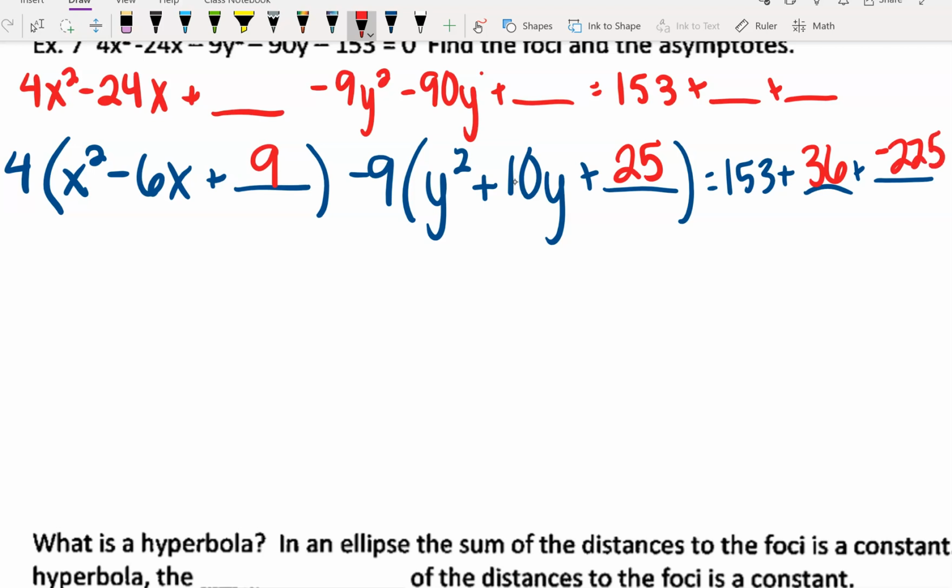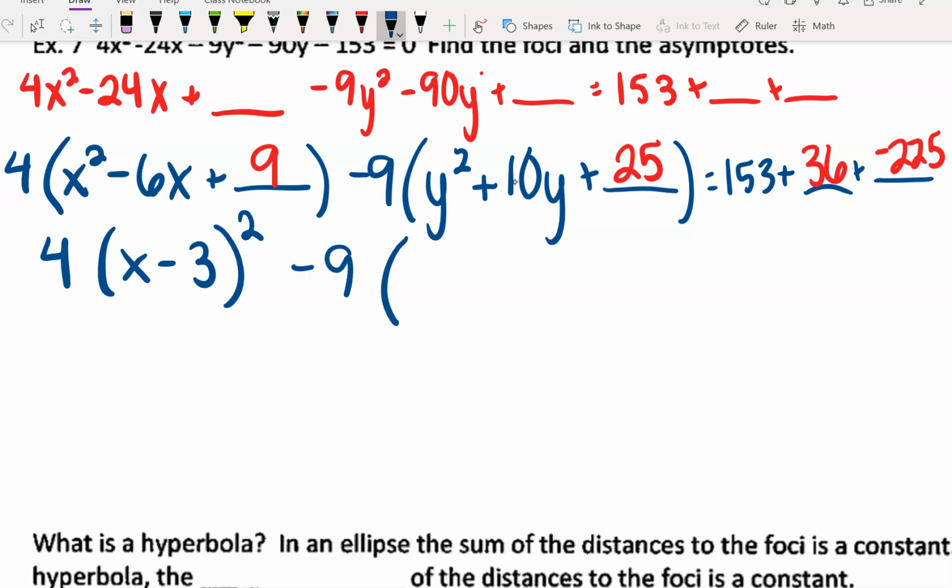All right, now we factor. This will be 4 times what multiplies to 9 but adds to negative 6. That's going to be 3 and 3. So it'll be x minus 3 squared. Minus 9 times what multiplies to 25 but adds to 10. That's going to be 5 and 5.